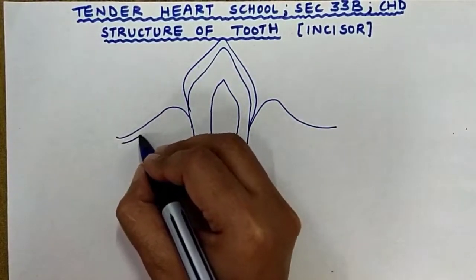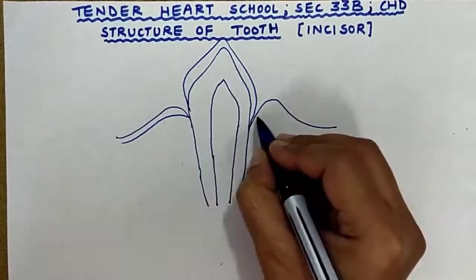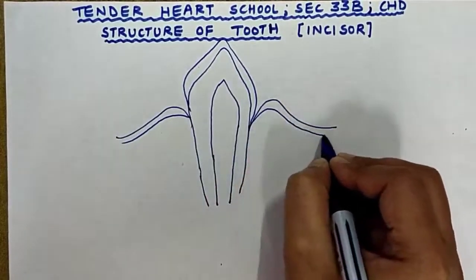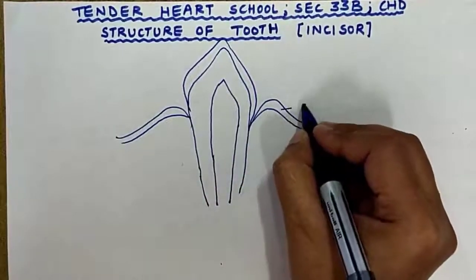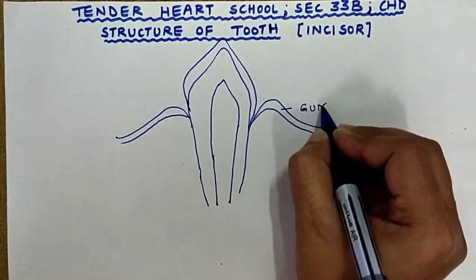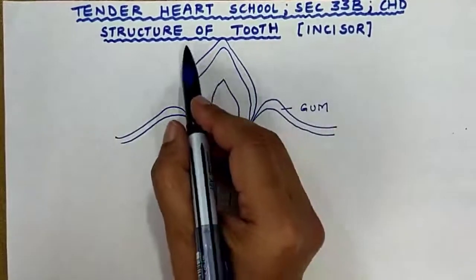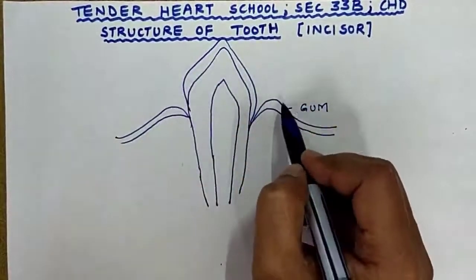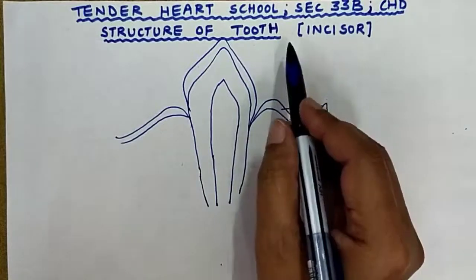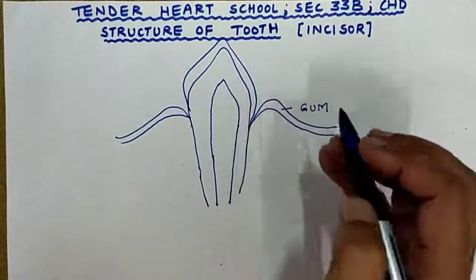So these are the gums. Now this part of tooth which is above the gum, which is visible to us, is called the crown.